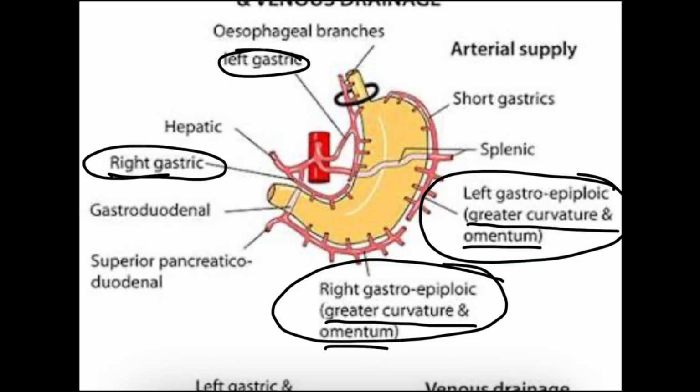The left gastroepiploic supplies the greater curvature and omentum as well. The right gastric supplies the lesser curvature, and the left gastric artery also supplies the lesser curvature.